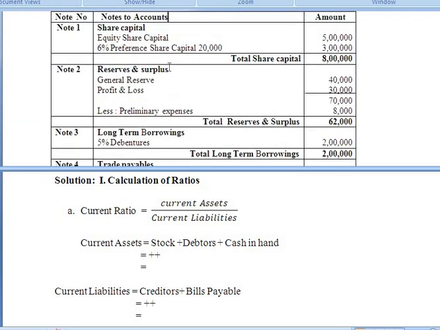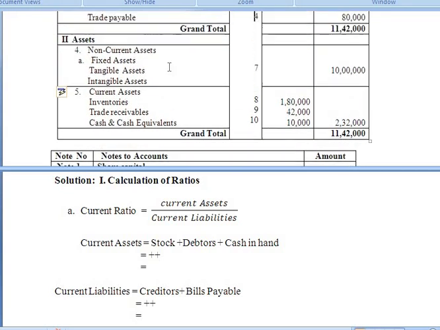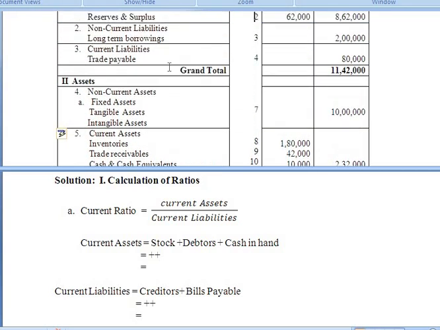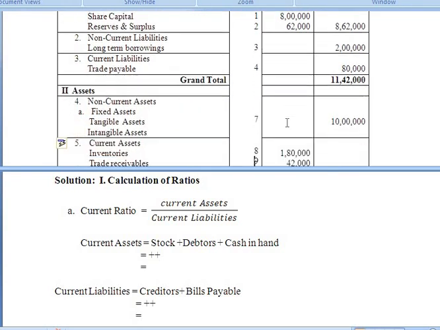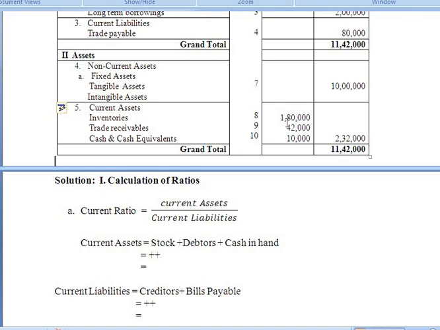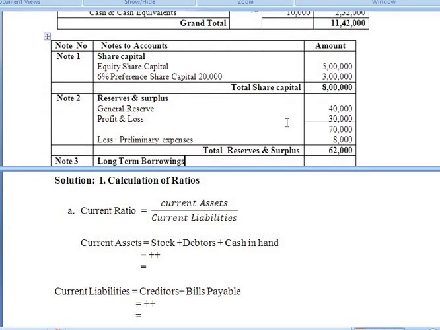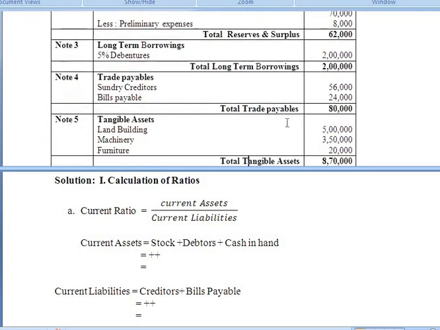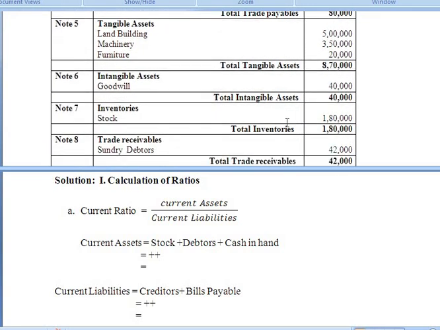The formula of current ratio is current assets divided by current liabilities. Now here, current assets, we need to check on the asset side. Current assets include inventories, trade receivables, and cash and cash equivalents, and the details of these we will find in notes 6 and 7.